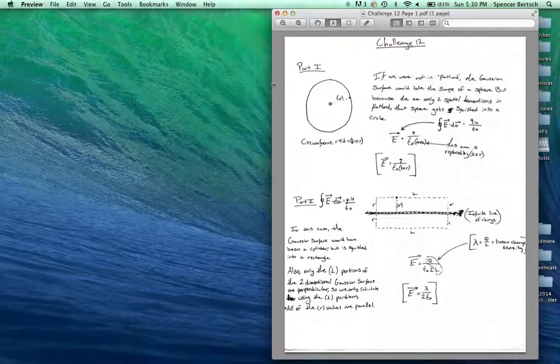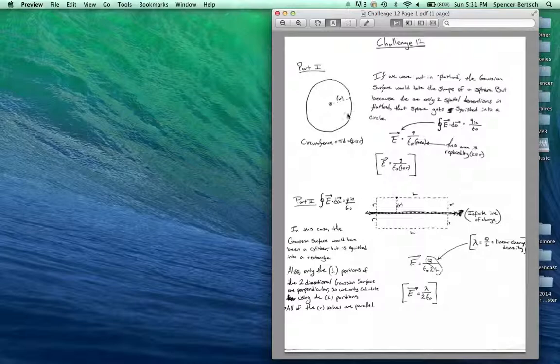Part 1 asks, if we were in Flatland, derive an expression for the electric field due to a point charge. Normally the Gaussian surface would be a sphere with radius r, and for this dA you'd use the expression for the surface area of a sphere, which I don't remember offhand. But instead of using that, because the sphere is squished and we're in 2 dimensions, no matter where you are, you're always this perfect distance r away from the point charge.